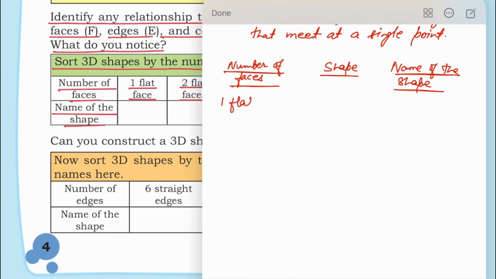One flat face. You can draw hemisphere. Hemisphere has one flat face. You can also write cone as the answer because cone also has one flat face, that is at the bottom.